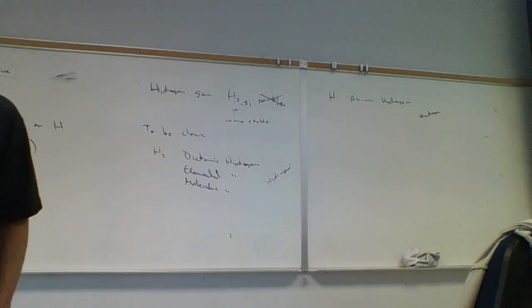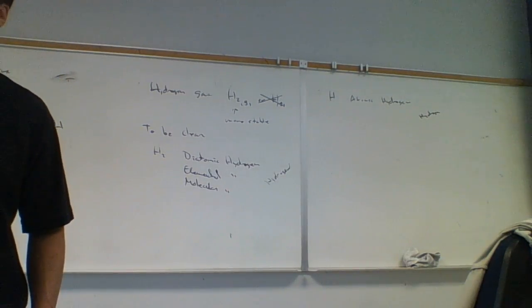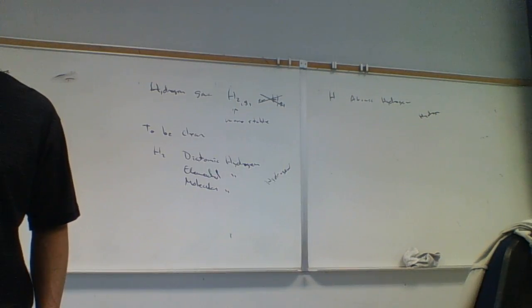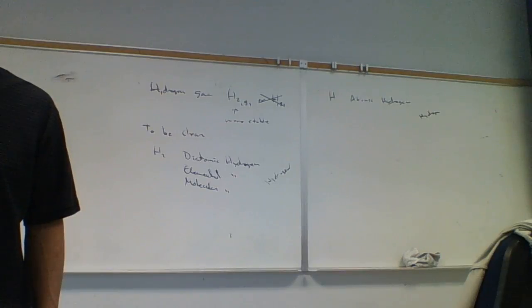And the same thing with oxygen. When we talk about oxygen, the first thing that comes to mind is O2. But if I were to ask you how much oxygen is in water, am I talking about O2? No, not at all. I'm talking about atomic oxygen. Even though I don't want to say atomic oxygen because it's too much work, I'd rather just say how much oxygen is in water. And then, what is the oxygen in this room? And I would expect you to know, oxygen in this room is O2.